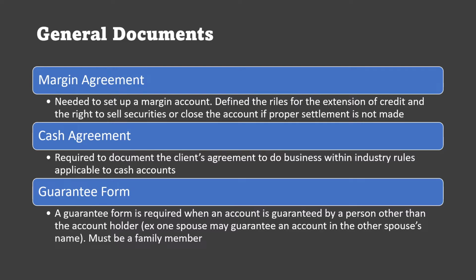This is required to document the client's agreement to do business within industry rules applicable to cash accounts. You have the guarantee form, and this is required when an account is guaranteed by a person other than the account holder. The person who does guarantee the account must also be a family member for that person.